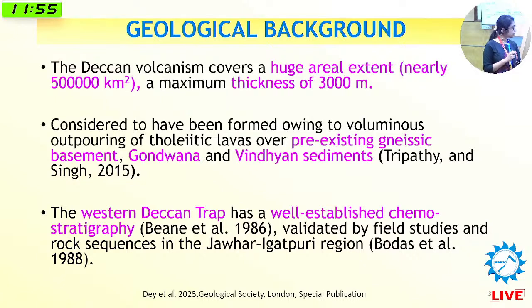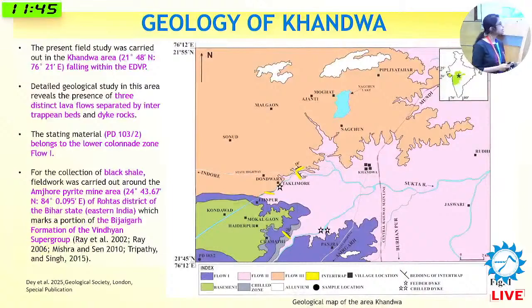There is a well-established chemostratigraphy for the western part of Deccan volcanic province. Now, this is the geological map that we have prepared of our study area, and here we have identified 3 different lava flows with two dike rocks, and intertrappean beds are present in between the flows. From this particular area, we have taken the sample for our study.